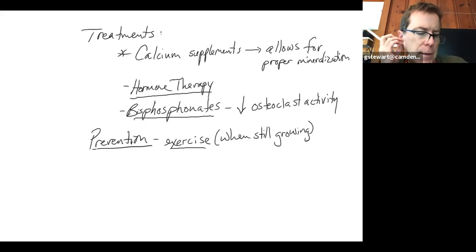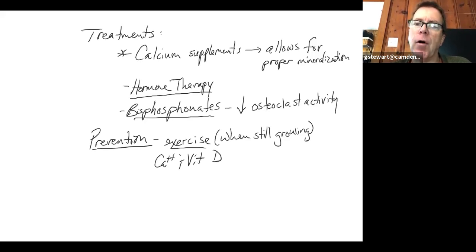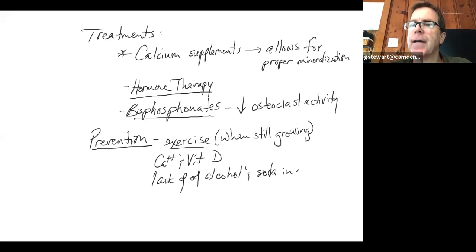So prevention, we can do things like exercise, proper calcium and vitamin D. Also, lack of alcohol and soda in the diet helps prevent it, because alcohol and carbonated beverages, I just wrote soda, these contribute to leaching minerals from bone matrix.